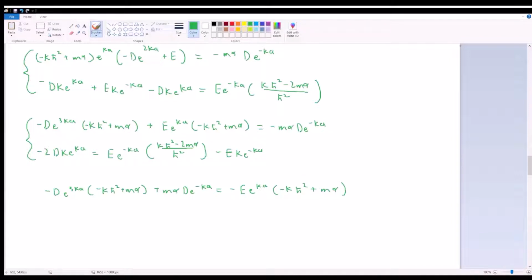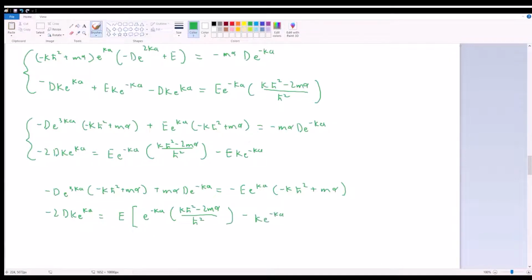And then on this side we have negative 2 dk e to the ka is going to equal e times e to the negative ka times k h bar squared minus 2m alpha divided by h bar squared, subtracted by k e to the negative ka.